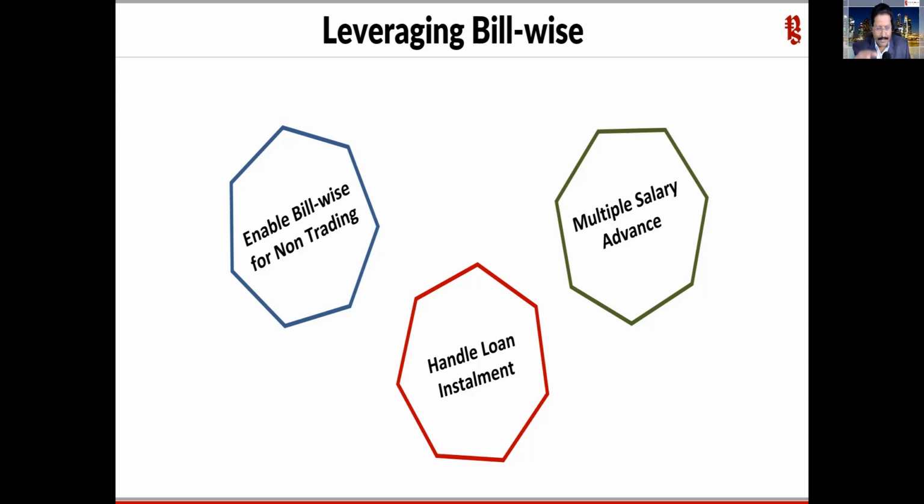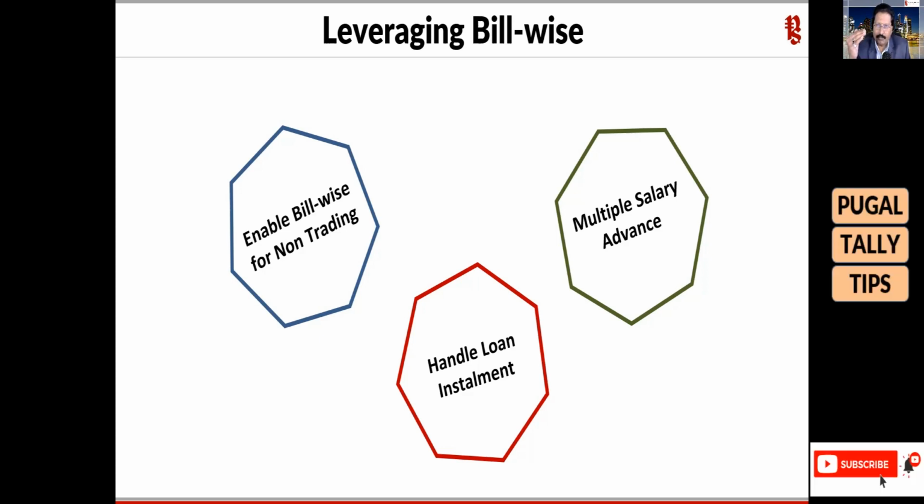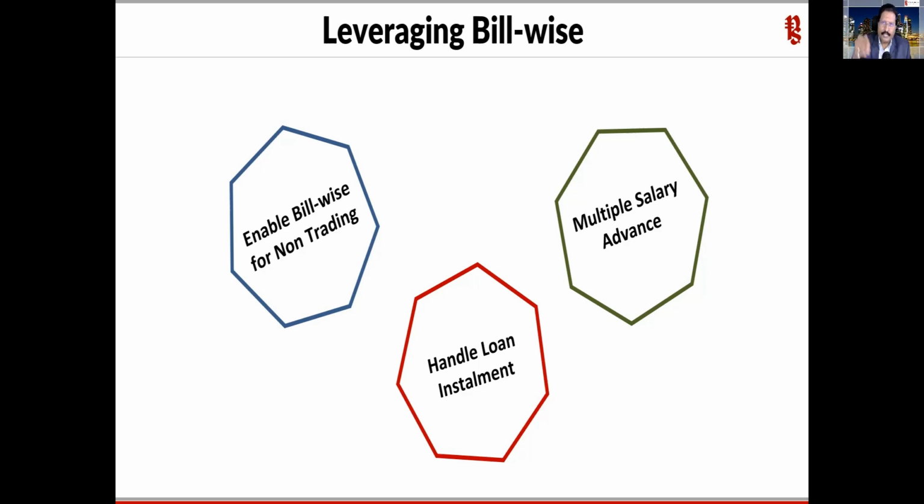And again, since we are enabling this bill-wise detail, when you are going to your receivable report, you are going to get the list of all these loans which are to be received on a monthly basis. So this is exactly what we will be understanding about the additional or the advanced features under Billwise detail in Tally.